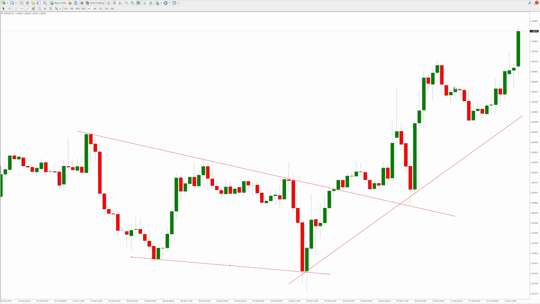Okay, so for this move that's currently ongoing, we can see there was this level of resistance, 1, 2, 3, 4, 5, 6, like 6 times this line held up. So when we did have the breakout, it's no coincidence price is flying up.